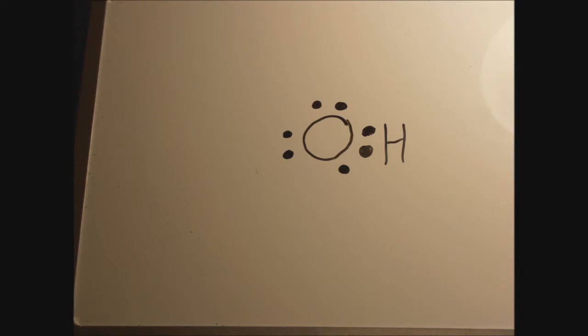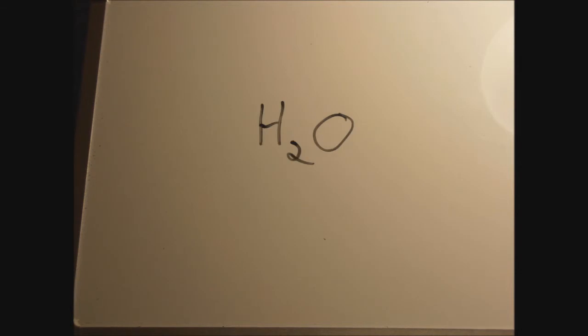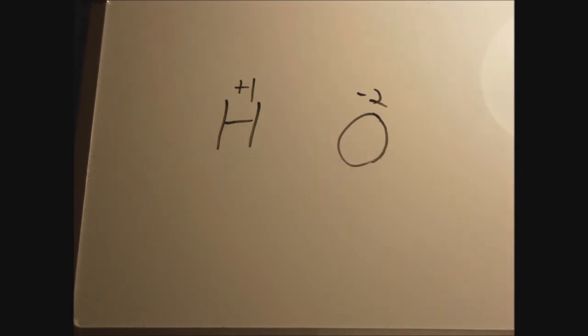However, we're still missing one in order for oxygen to be happy. Exactly. So we add another hydrogen, and those are covalent bonds taking place because they are being shared, and it will form H2O. Another way of doing this is also the crisscross method that we use for ionic compounds.